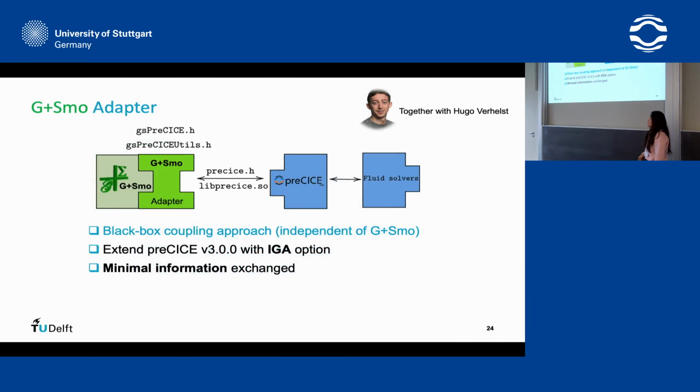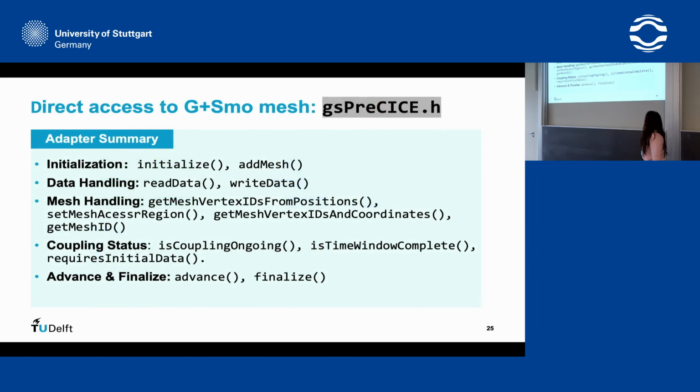Yeah, this preCICE adapter is work together with Hugo Verhulst. First we use this black box coupling approach, which means our adapter is independent of G+Smo itself. And in our adapter, we followed this preCICE tutorial.